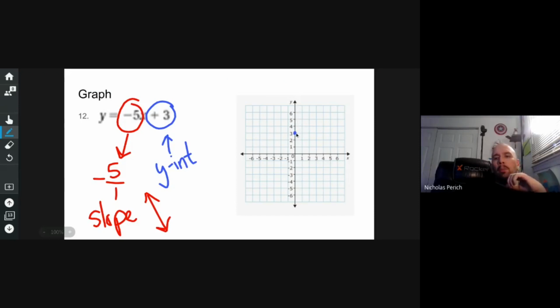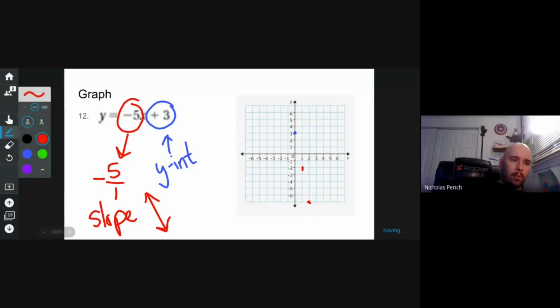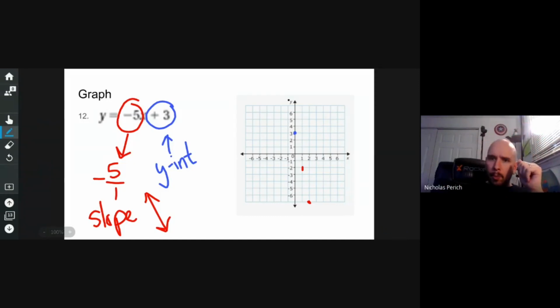So I'm going to go back to my blue dot and go down 1, 2, 3, 4, 5, right 1. Put a dot. Down 1, 2, 3, 4, 5, right 1. Put a dot. I have 3 dots. I put my ruler on my paper and draw a nice straight line.